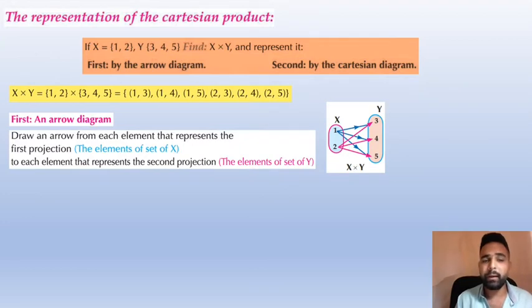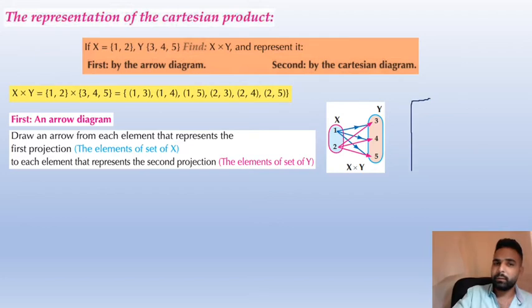Draw an arrow from each element that represents the first projection, which is the element of x, to each element that represents the second projection, which is y. So I will draw a bar for x, then a bar for y.